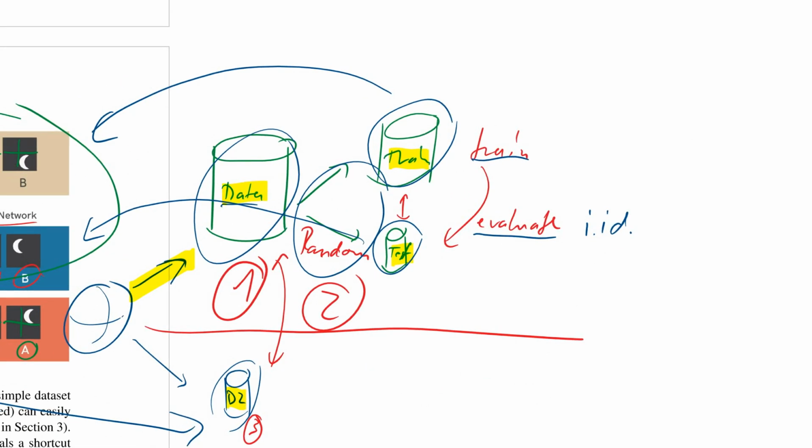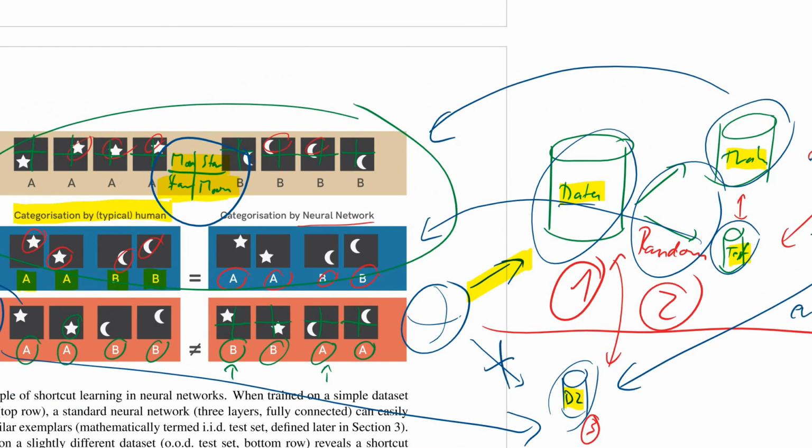But then once we evaluate on the out-of-distribution data, we will fail, right? Because now this doesn't have this bias in it, right?